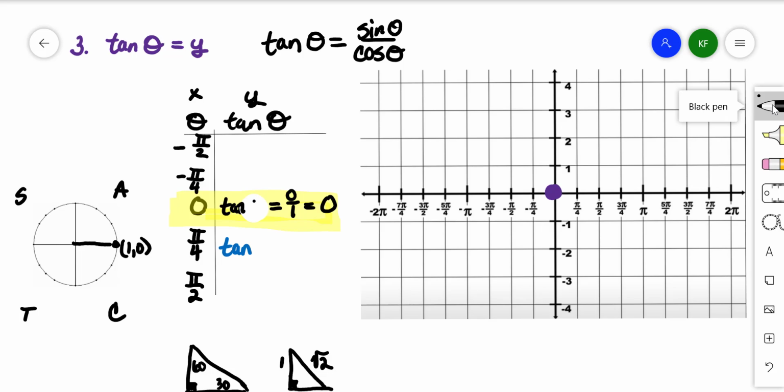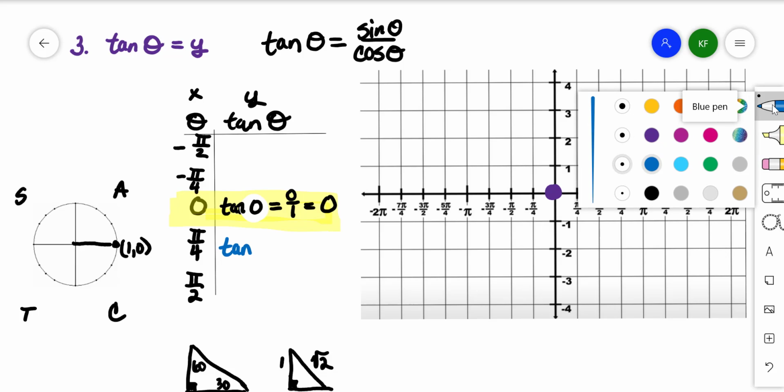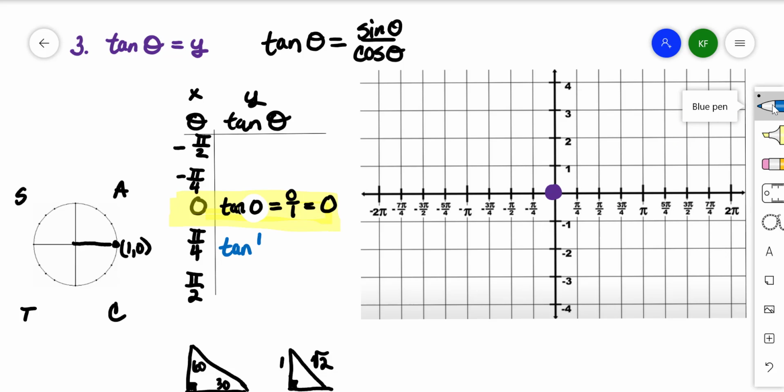Tangent 0. Theta's fine too, but I'm trying to plug in the values for you where you're used to looking at it. Okay, pi over 4. Now pi over 4 is the 45 degree triangle. So instead of using the quadrant angle, I'm using an actual triangle in the unit circle.